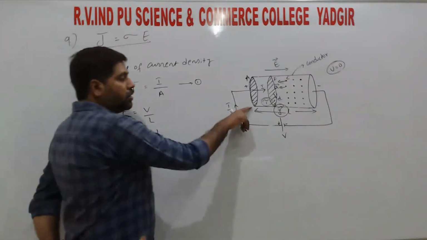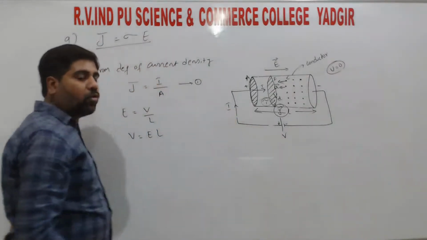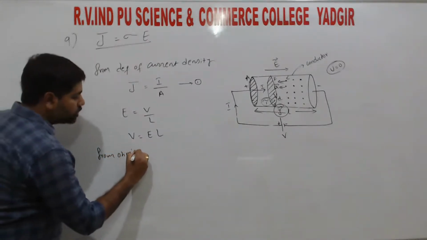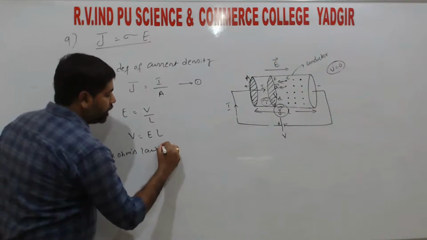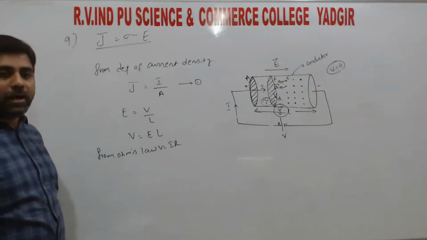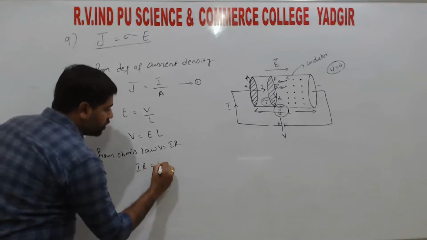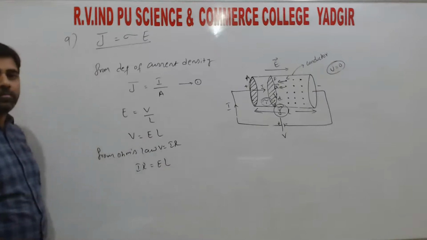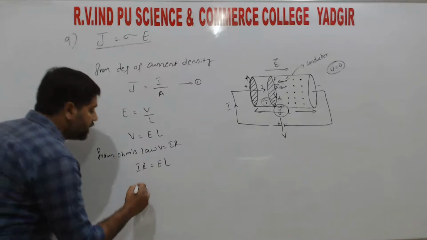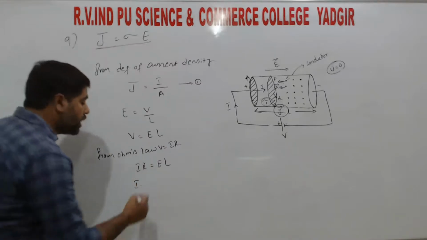So the conductor is connected to the external potential and the current is flowing. From Ohm's law, V is equal to IR, where R is the resistance of the conductor. So substitute V, that is I into R is equal to E into L. From the definition of resistance, R is equal to rho L by A, right?